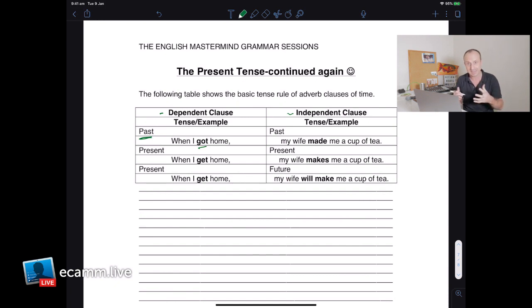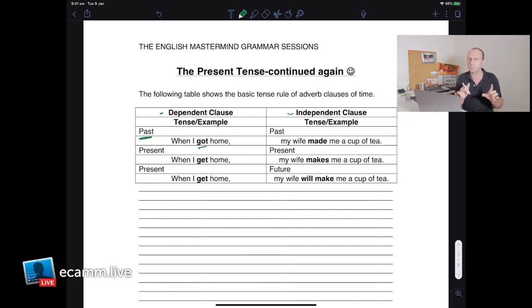So if I say, my wife made me a cup of tea, that's okay by itself. Of course, it's a little bit strange if I just say, without context, my wife made me a cup of tea. But it's okay by itself. If I say, when I got home, by itself, that is not okay.